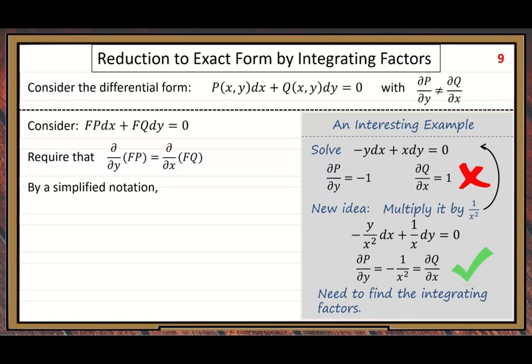So let's simplify. We need to apply the product rule, right? The derivative product rule, on the left-hand side and the right-hand side. Here I hope you know the notation. For partial derivatives, there is another simpler notation: use the subscript. F sub y means partial f over partial y. I hope you have seen it.